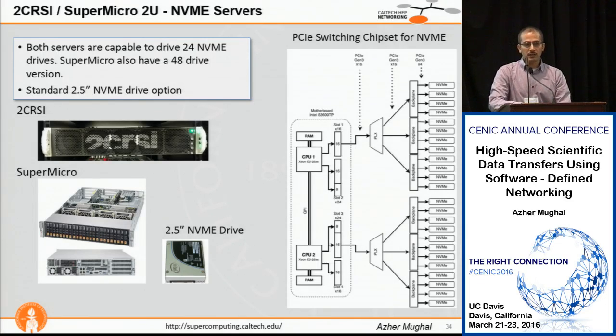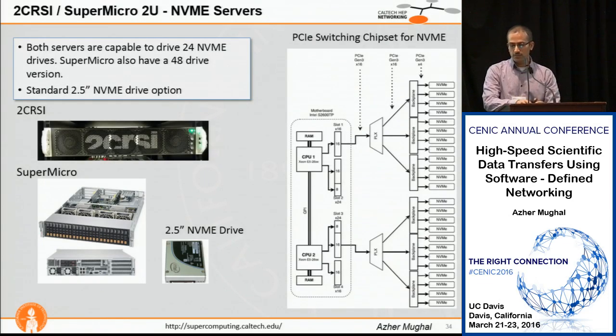NVMe drives are connected directly to the PCIe bus. Basically, there is no other controller after the processor connecting those, as with traditional SATA drives. So now you have NVMe, PCI bus, ribbon cable going straight to the processor.